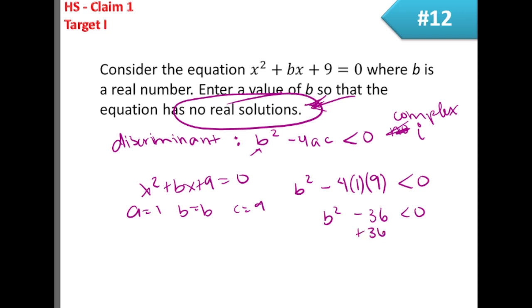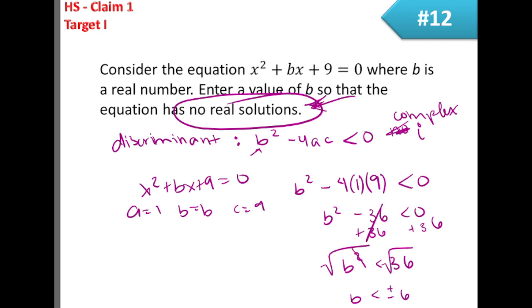I add 36 to both sides. So we get b squared less than 36. So a square root, right? B is less than plus or minus 6.